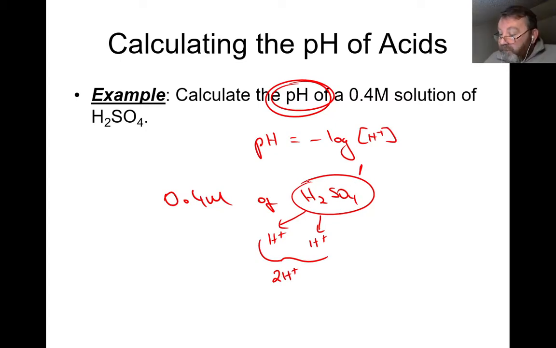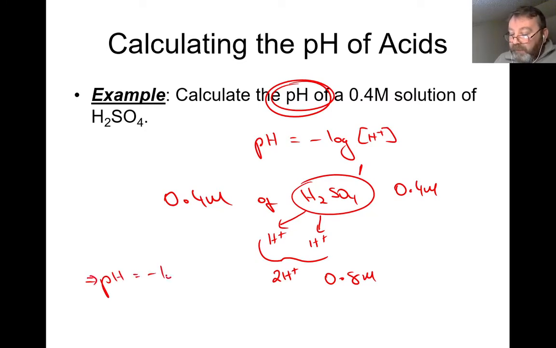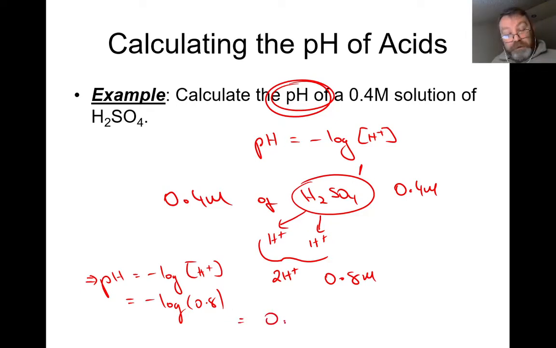So if the molarity of the acid is 0.4 molar, then the molarity of H+ would be twice that, 0.8 molar, which means now I can call in the pH equals minus the log of the hydrogen ion concentration and put down my 0.8 molar, because that is the concentration of hydrogen ions. You go to your trusty calculator and type in minus the log, put in 0.8 and close your bracket, and you end up getting 0.097 as your pH. Okay, so a very, very low pH, but that's how it's done.